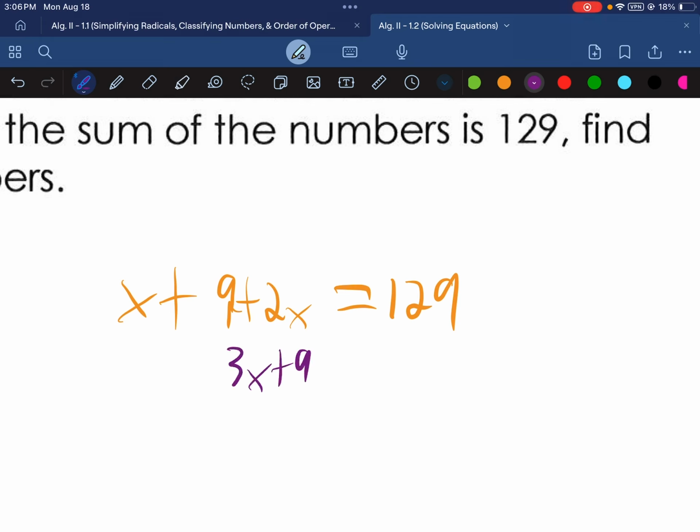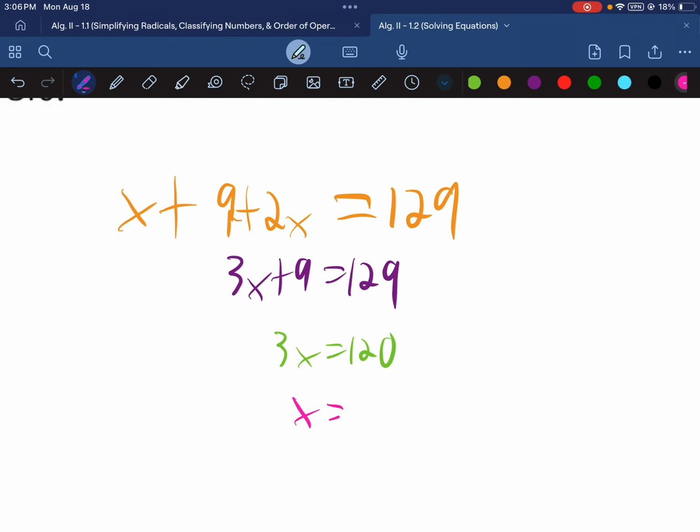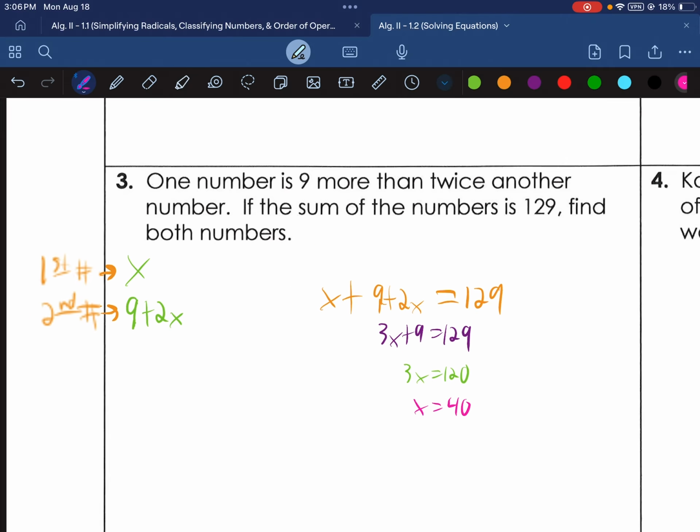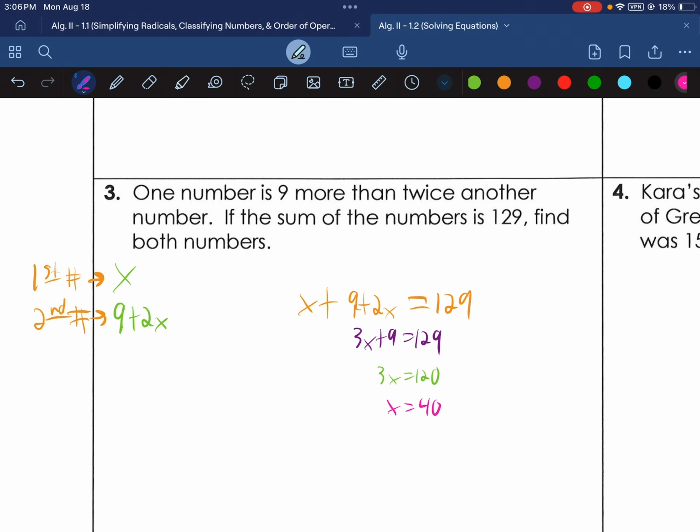Now as we start solving this, if we combine x plus 2x, we get 3x. Subtracting 9 from both sides gets us 3x equals 120. And dividing by 3 on both sides, x is 40. So that's one of the numbers. We were asked to find both numbers. So we found this one is 40.